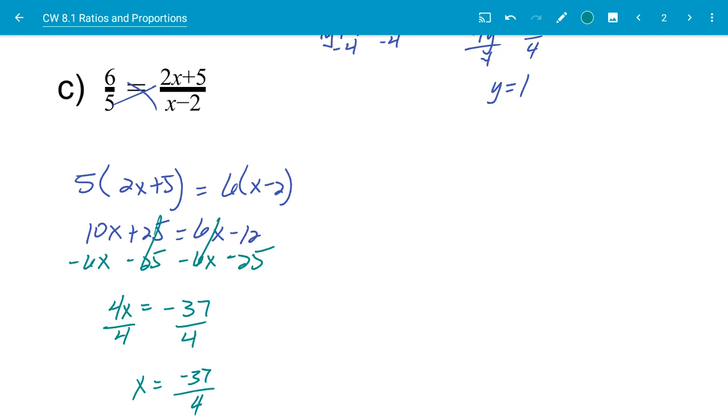And you know what? I actually found my mistake, but it wasn't a mistake. It was a mistake from the book. Actually, this right here is a 4. So we're just going to leave our answer as x is equal to negative 37 over 4, because we did everything correctly there mathematically. They just gave us a funny thing there to look at, so I'm not going to worry about that. Our math is correct there.